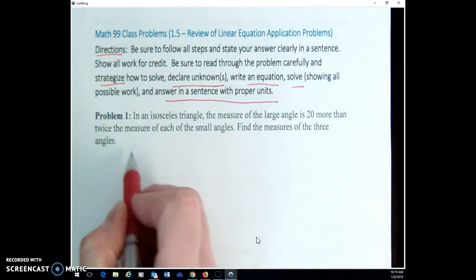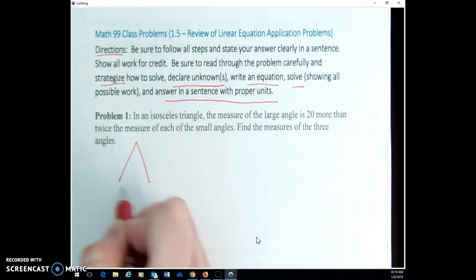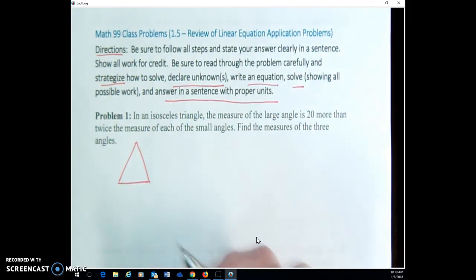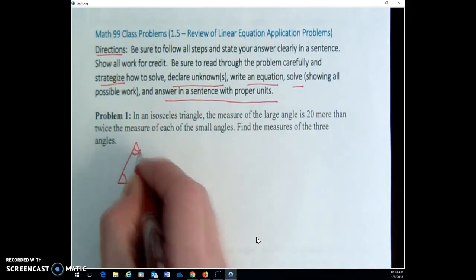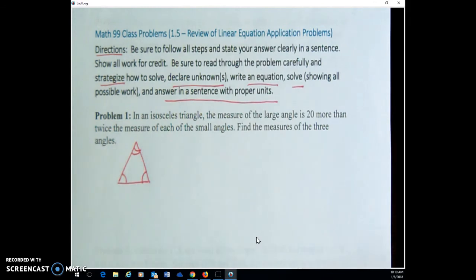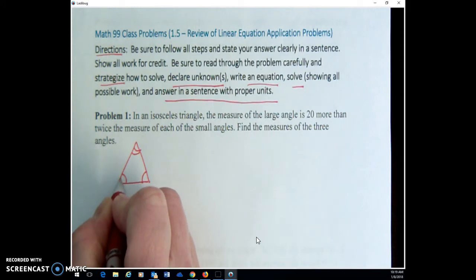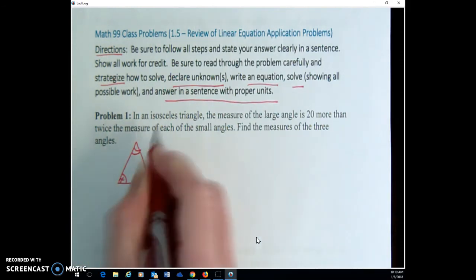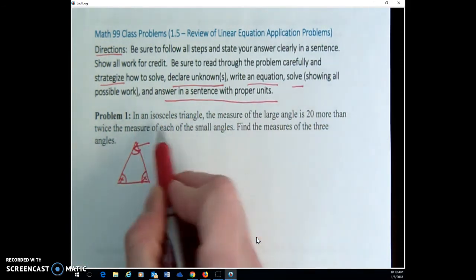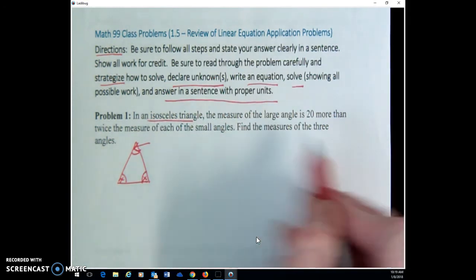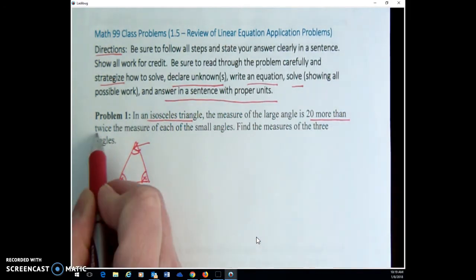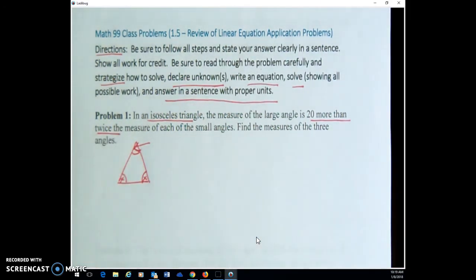So here we have an isosceles triangle, and what do we know about isosceles triangles? We know that they have two equal angles, and then one that will be larger but not the same. So we're going to call the equal angles x, and in here we have: isosceles triangle. The measure of the large angle is 20 more than twice the measure of the small angles.